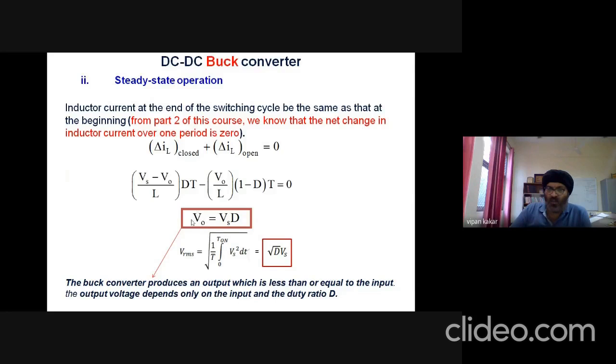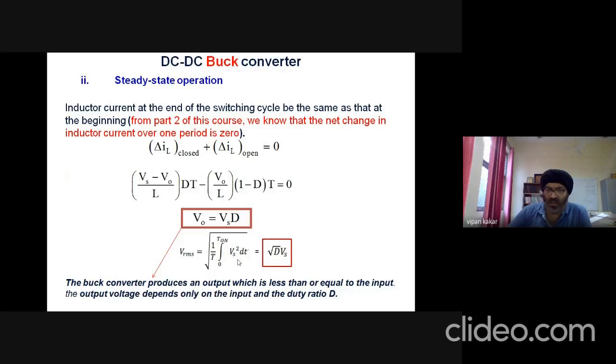Okay, so this output voltage is similar to the term we used in the AC to DC converter as VDC. So VDC was there, what about the RMS voltage? Why RMS voltage? Because we have ripples, we have continuous current, and this continuous current charges and discharges and has ripples. Due to these ripples, we have this average and RMS current. If the ripples are very small, it depends upon the application.